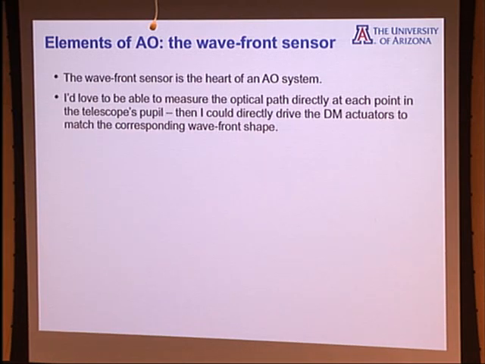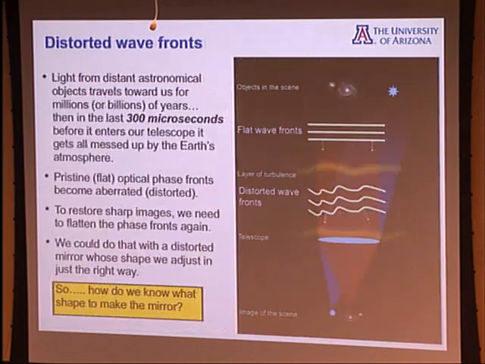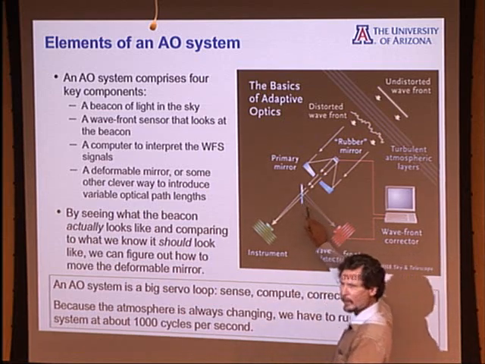All right, so we've talked. Oh, yes. When you're looking at different wavelengths, do you change the frequency of your guide stars? No. So let me back up here. So this guy here, the beam splitter, is generally a dichroic.